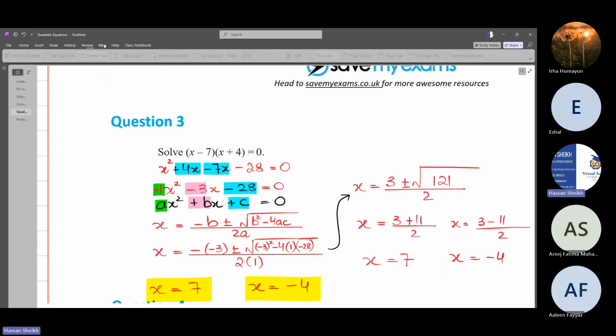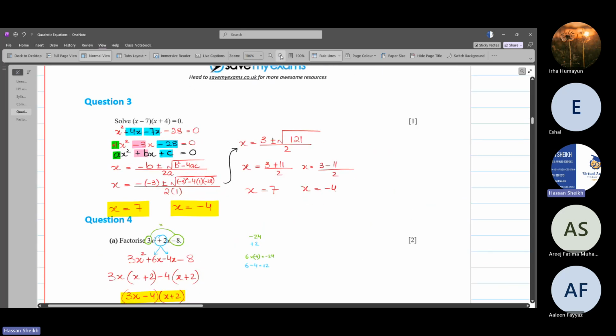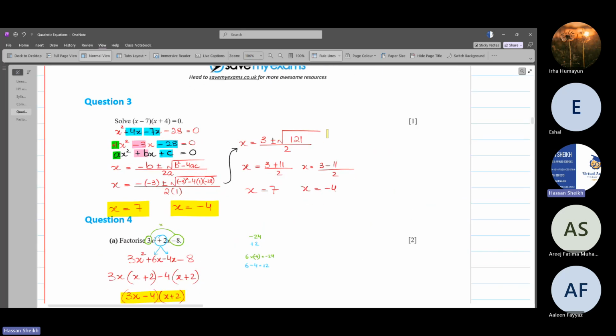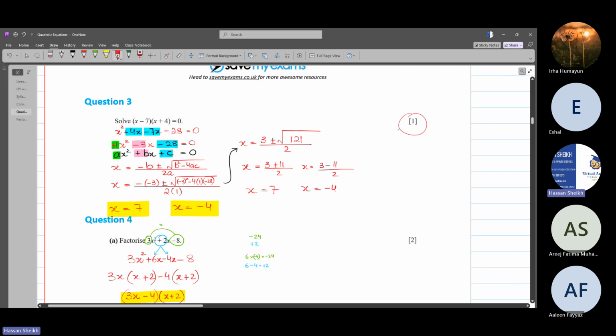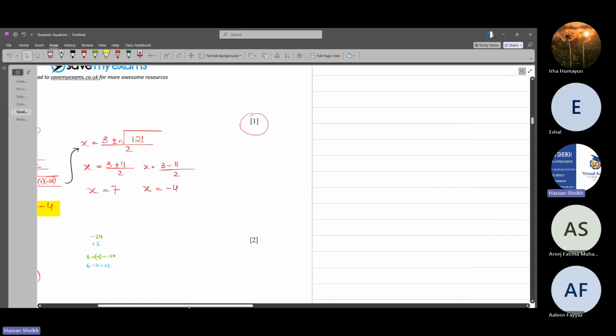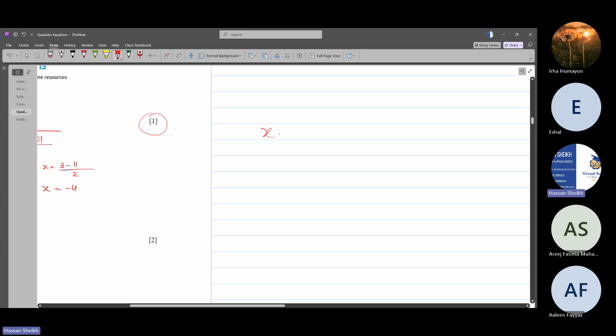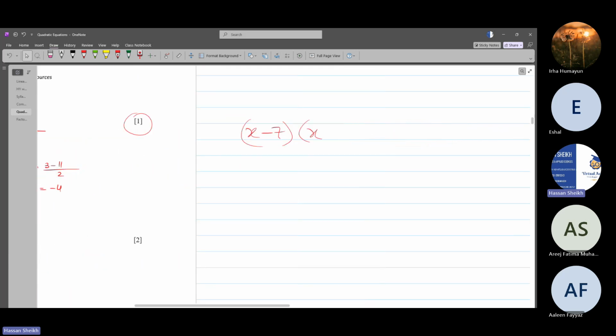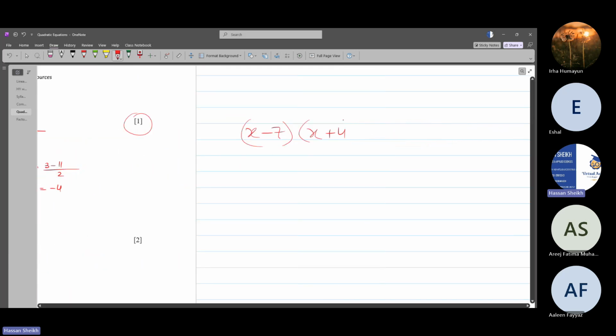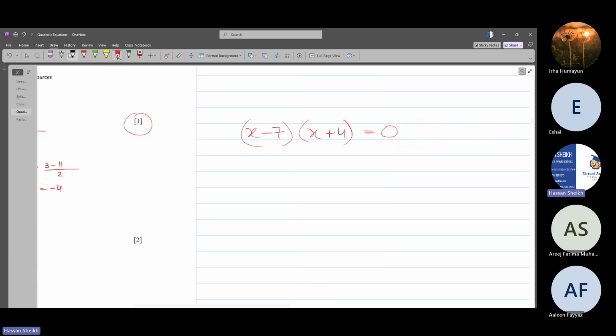I used the quadratic formula just because I was explaining the quadratic formula, but it's just a 1 mark question. I just wanted to show you that you need to convert that into standard form if it's written like this. Yes, she's right.